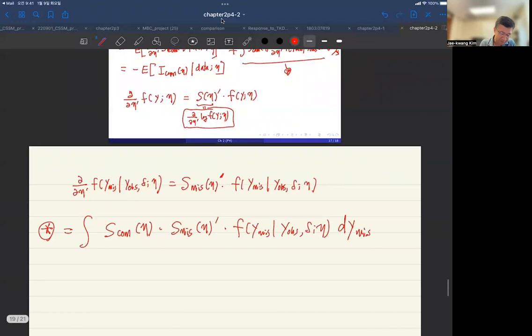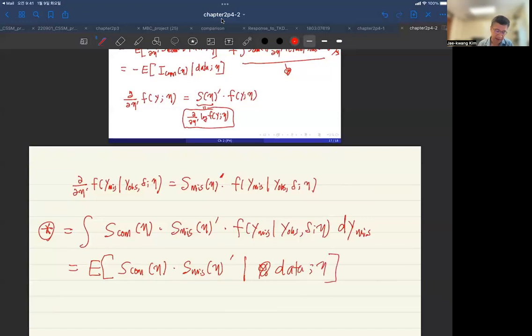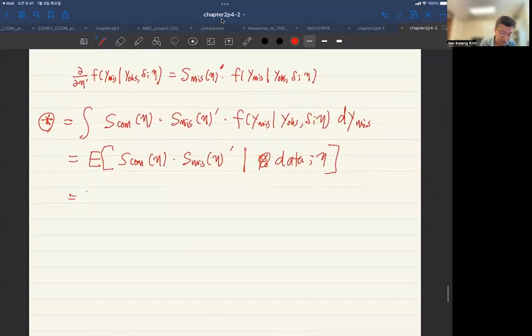So that means you have a conditional expectation of the S com eta S miss eta prime, given Y and delta. And then you use the decomposition S obs eta plus S miss eta, right? So you use this decomposition.